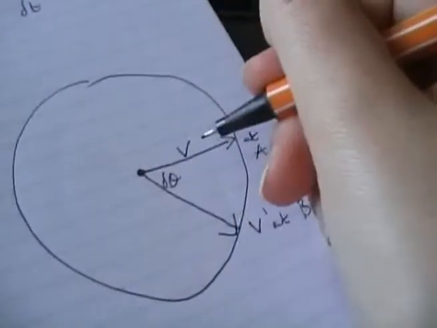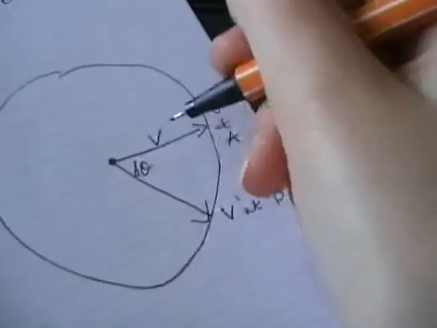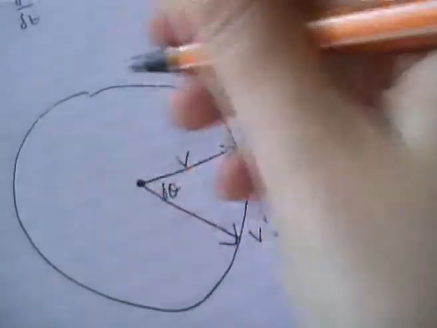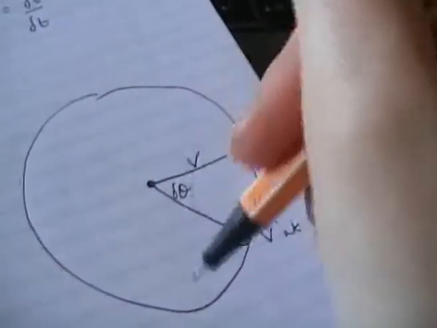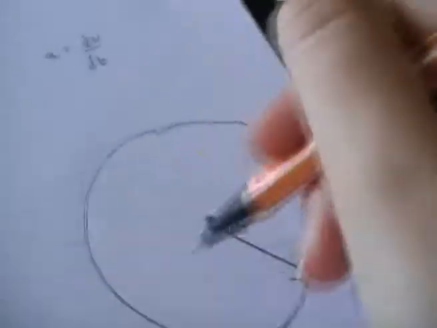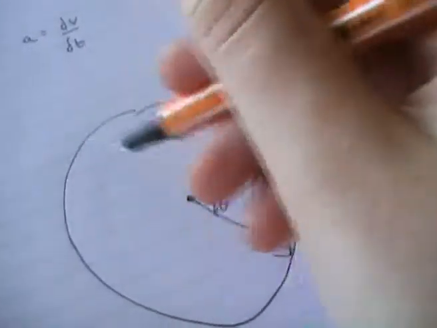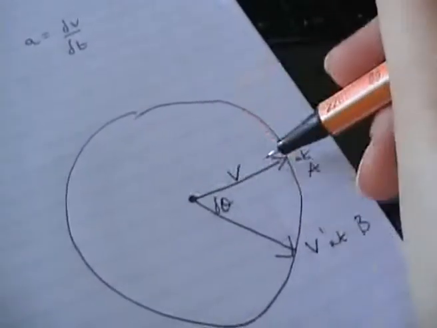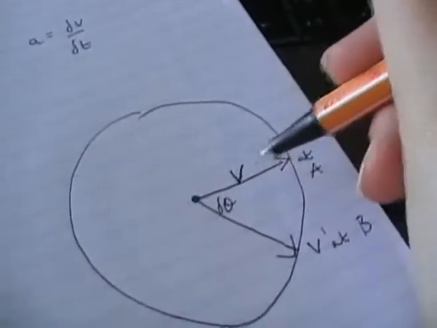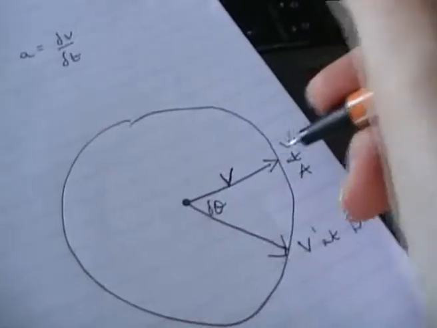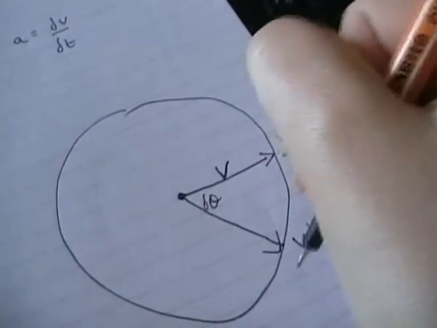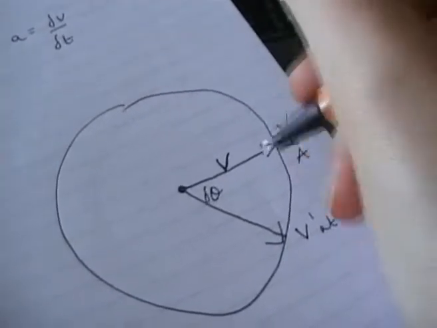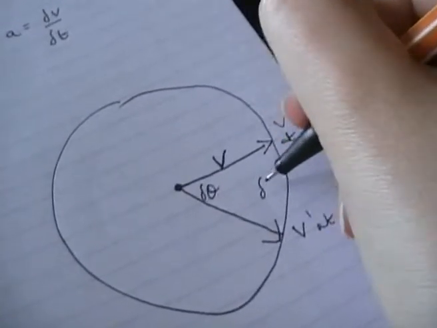It's going to be the speed, basically, of the particle. Because it's in circular motion, the speed is not changing, it's just the direction. So these vectors, as you go round, go round in a circle like this. But the radius is always going to be the same, it's always going to be v. It's just the direction of v that's changing. And in this case, the arc length is going to be the change in velocity. So that's going to be delta v.